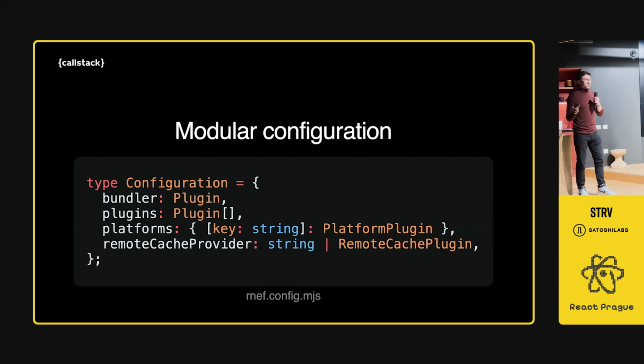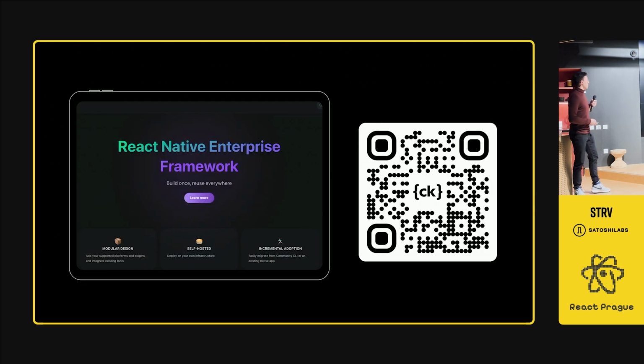There is like hundreds of solutions, and we need to be flexible and allow developers and those teams that are working in infrastructure departments for those front-end developers to be able to just rewrite parts of our framework without us knowing about it. So that's why we're defining a bundler that you can provide your plugin for. You can add your custom plugins, you can add your platforms, and you can define your remote cache provider.